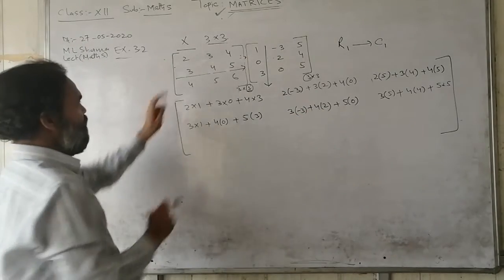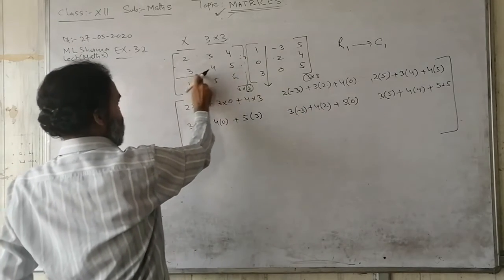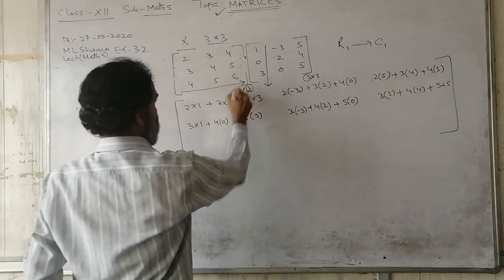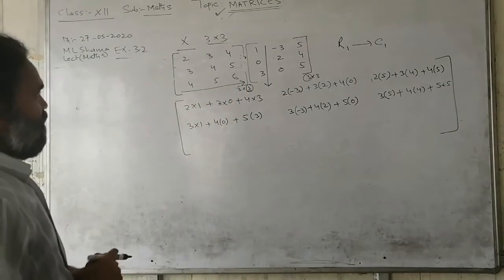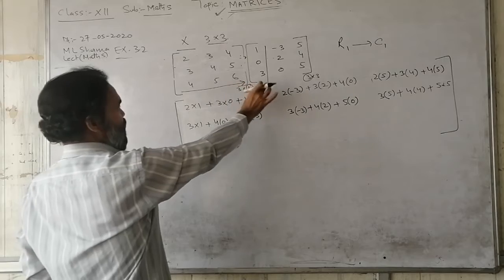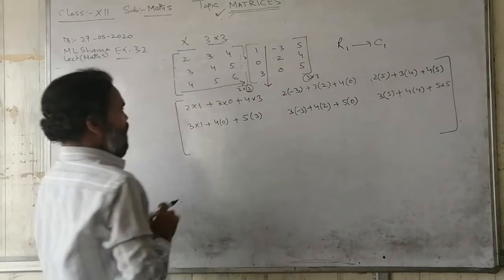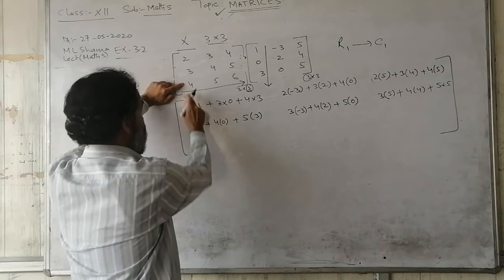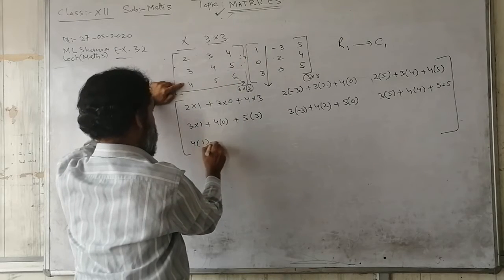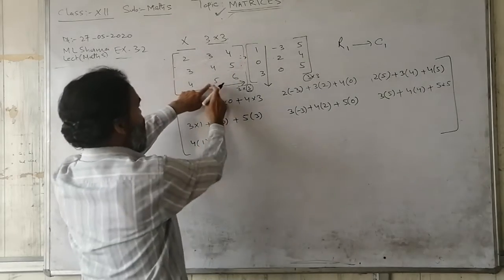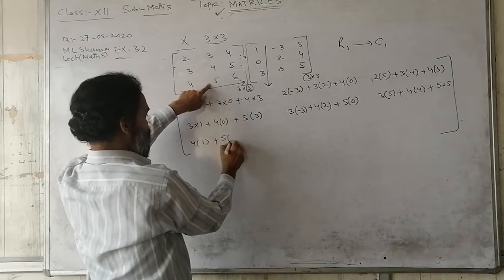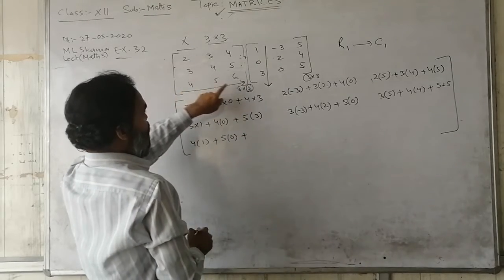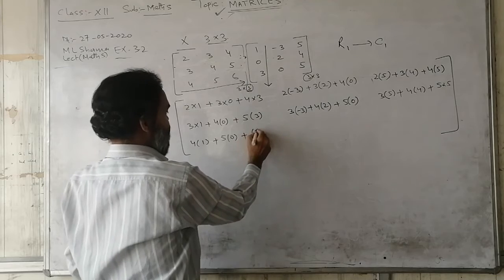For the third row, this row R3 is to be multiplied by C1, C2 and C3 elements. So 4 into 1 plus 5 into 0, then 6 into 3.